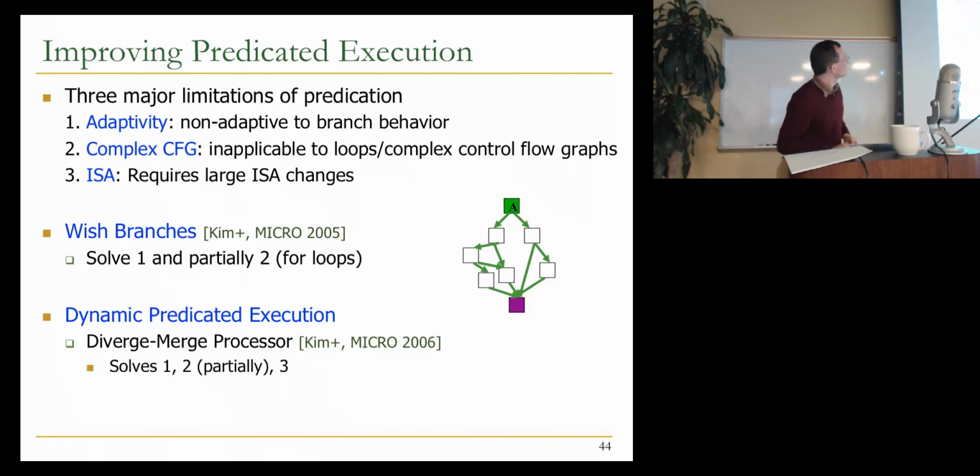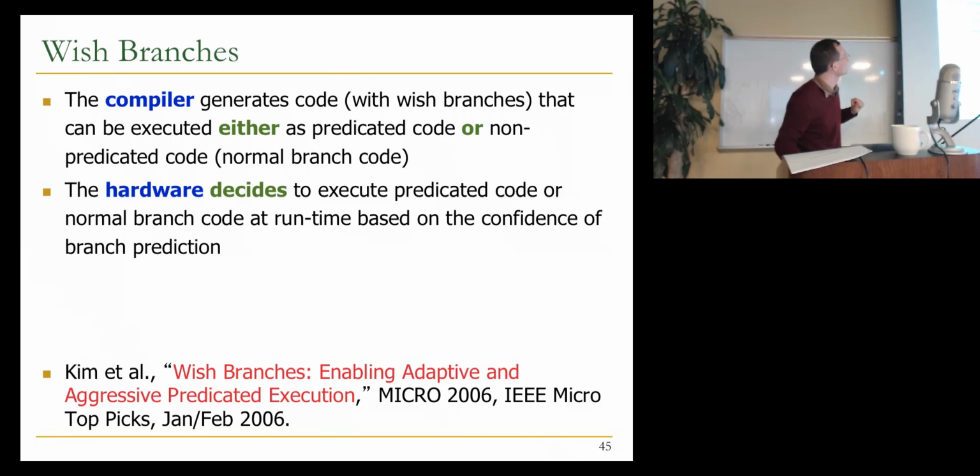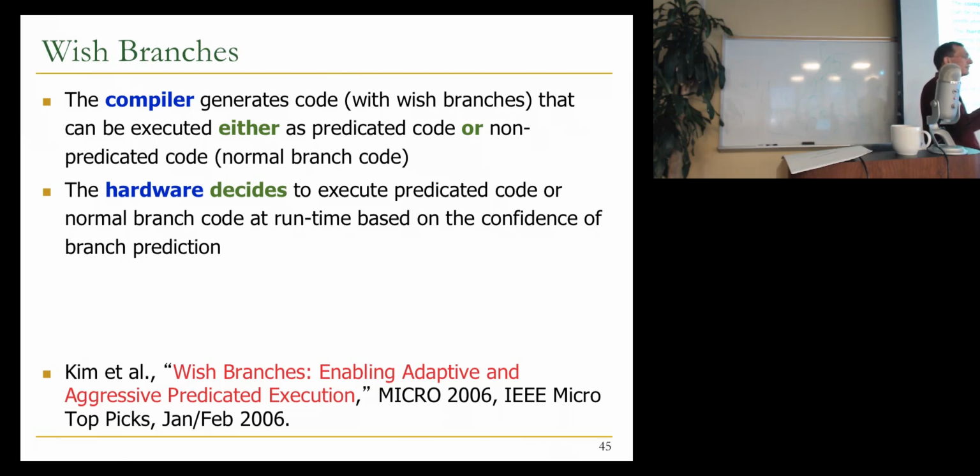Basically, we'd like to make predication more adaptive to branch behavior. And the idea is, well, we'd like to execute the code as normal branch code and use branch prediction if the branch is easy to predict. Otherwise, use predication. The idea is to have the compiler generate code that can be executed both ways, either as predicated code or non-predicated code.